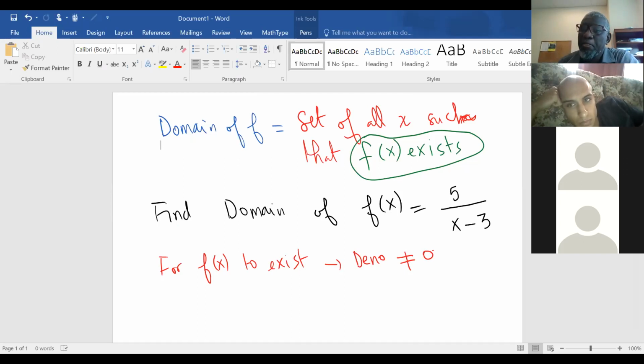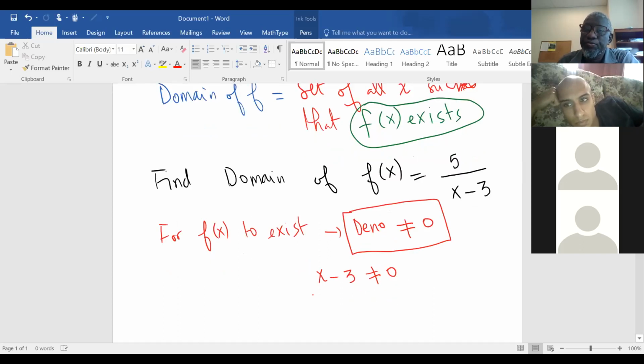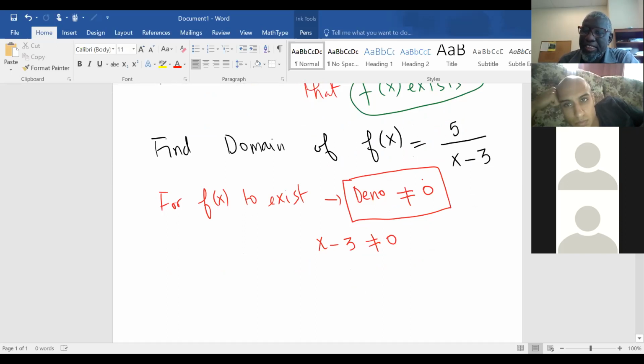So x minus 3 cannot be 0, and obviously, then x cannot be, you add 3, x cannot be 3, right? That is my domain. The domain is all the numbers that are different from 3, which is all the numbers except 3. So the domain is all real numbers except x equal 3.